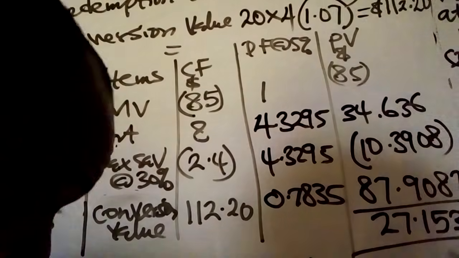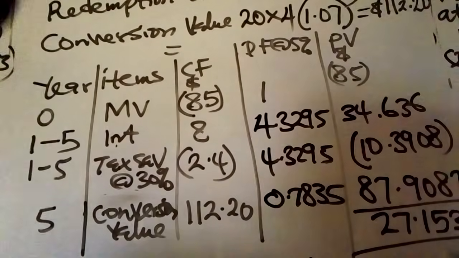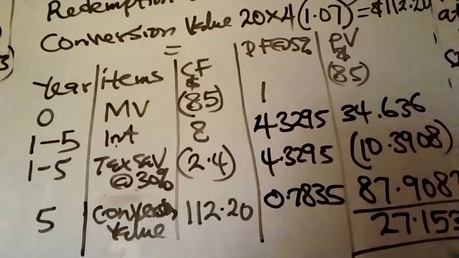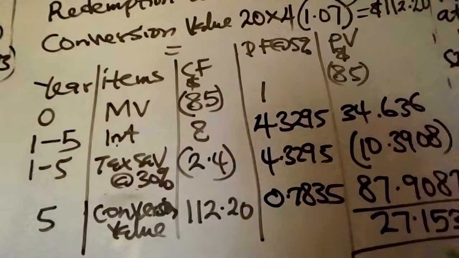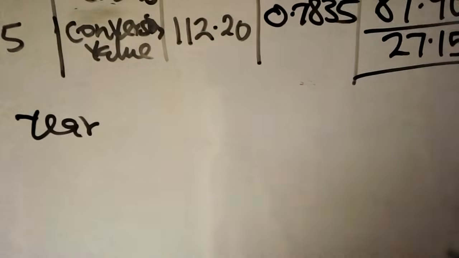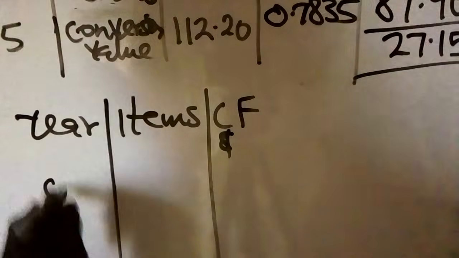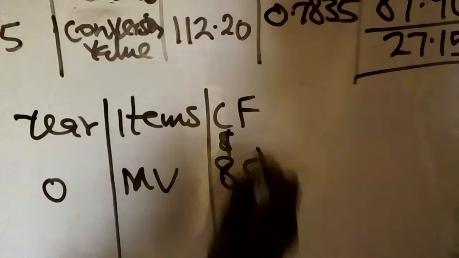To calculate the negative, since the first NPV is positive, you assume a rate that is higher than that. So then we have year, items, cash flows. Year 0, we have the market value, which is $85.